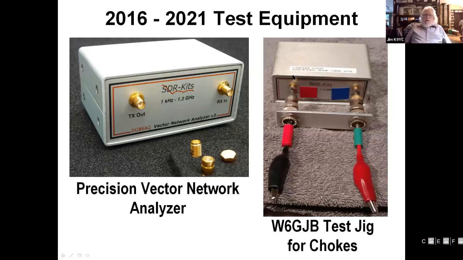Here's the test equipment that I have today, beginning in around 2016. This is a precision vector network analyzer made by some hams in the UK on the basis of a design by DG8SAQ, an EE prof in Germany. And the test jig that Glenn designed for measuring chokes.